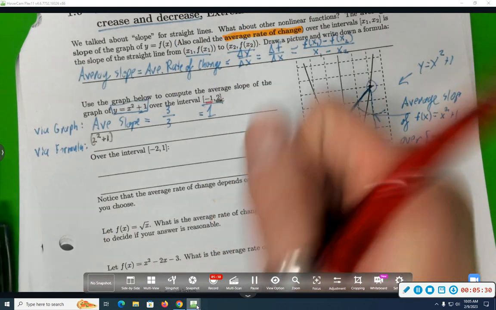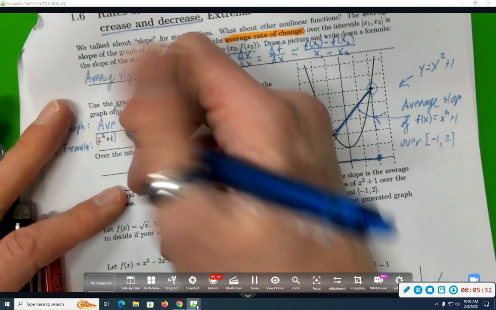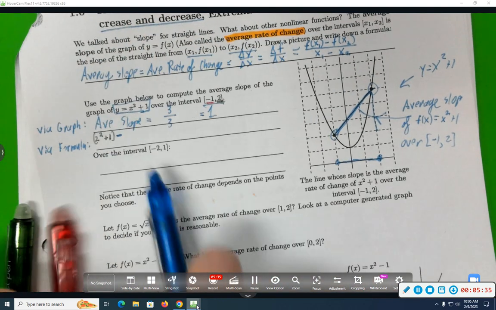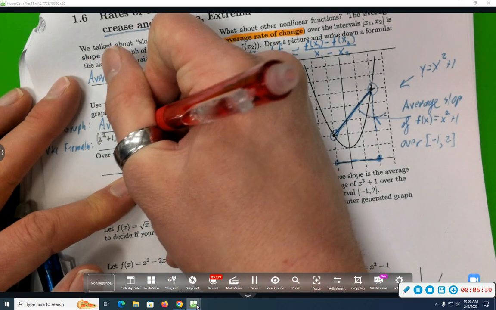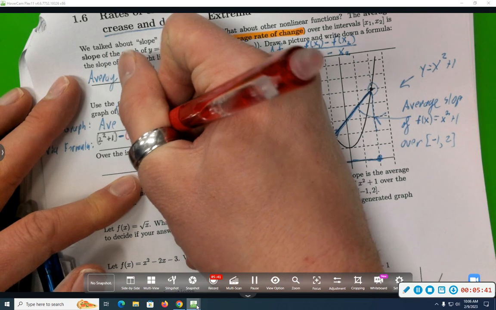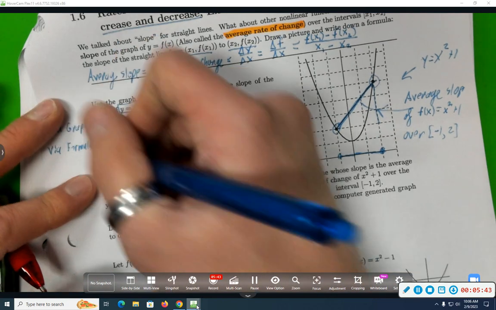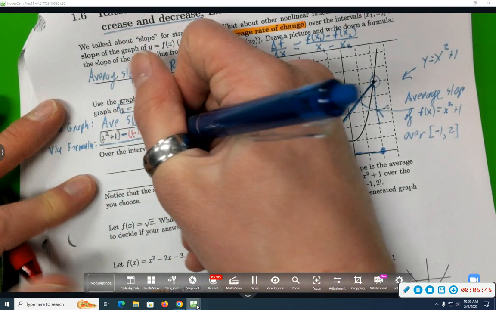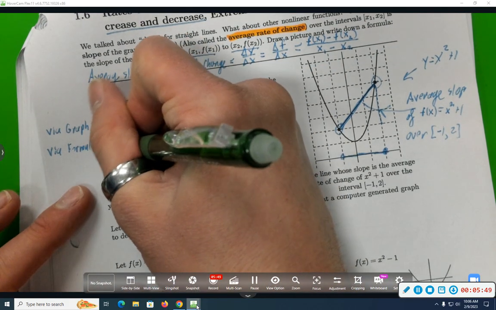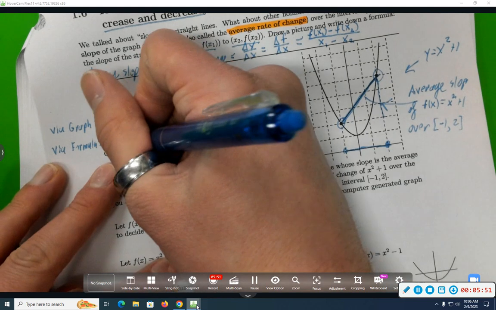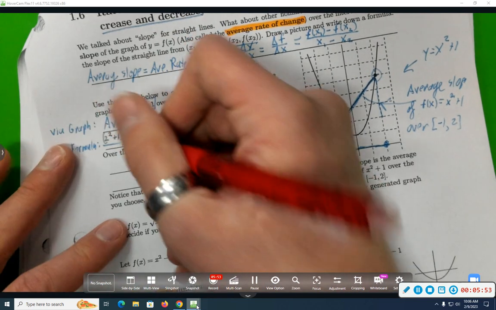Plug in this number to that formula. Minus negative 1 squared plus 1. Close parentheses. All over 2 minus negative 1.